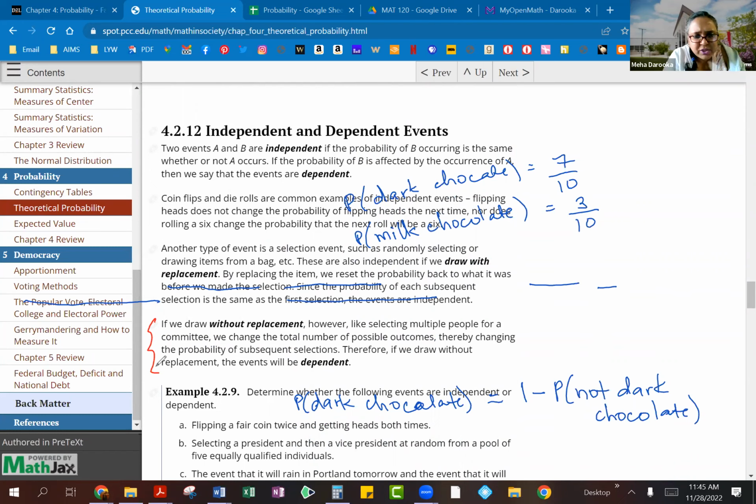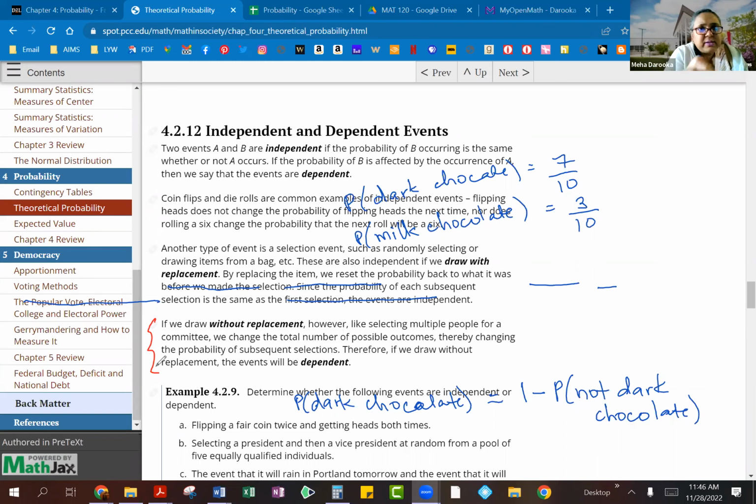So Sabrina, you mentioned that in the chat, because yeah, you're starting out with 7 out of 10 initially, but then once you pick that first chocolate and you eat it, your next probability will change by 1 and it will drop down to, well, technically it can drop down to 6 out of 9, or it could also drop down to 2 out of 9, right? Depending on, are you looking at milk chocolate or dark chocolate? We're of course only interested in the dark chocolate part.